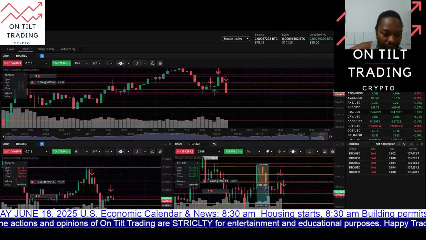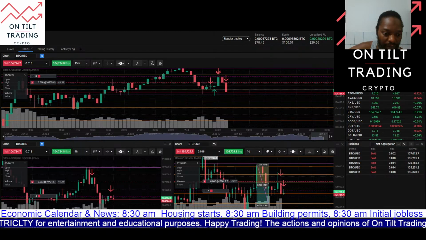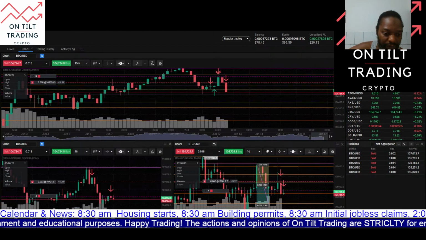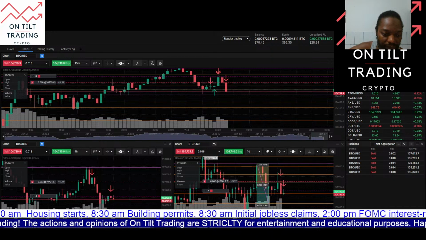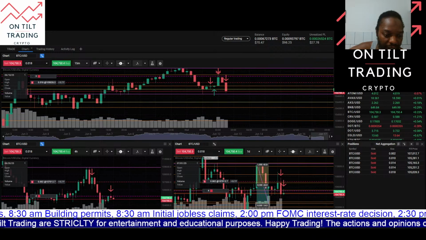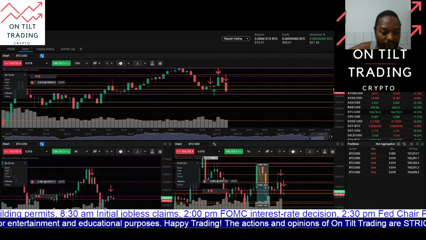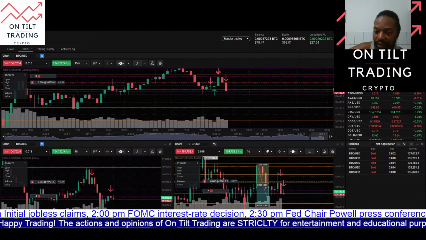So if it sets up this swing high here, it would be set for that trade on the higher time frame. And I would look for an entry on the 15-minute time frame.